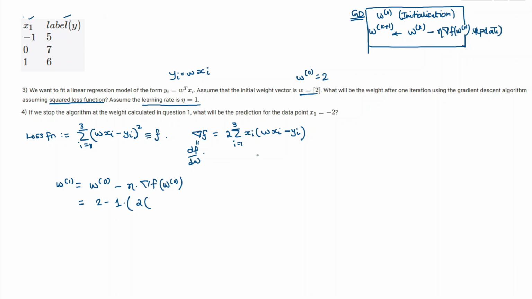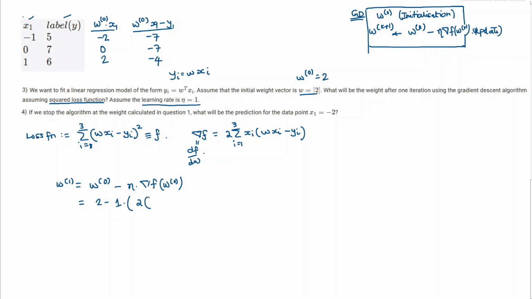So what will be w0 times x? For x1, that would be 2 into minus 1, minus 2, then 0, and then 2. Then what would be w0 x1 minus y1? This would be minus 7. This is also minus 7. This is minus 4.